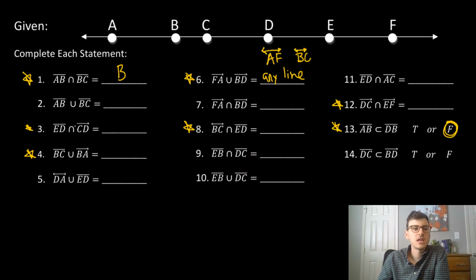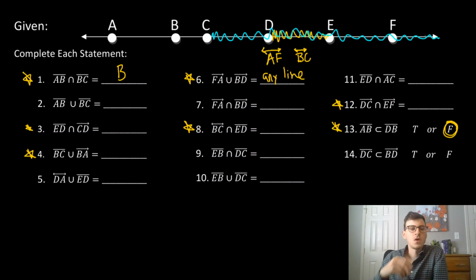We've got segment ED intersected with ray CD. So what set of points is the intersection of segment ED and ray CD?